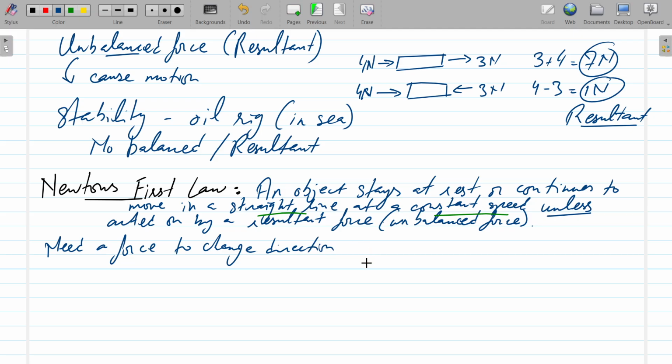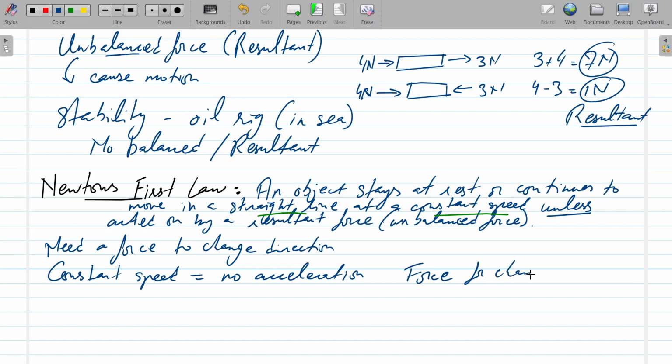And it will keep moving at a constant speed, which means it is not accelerating, means no acceleration. Why? Because you need a force to change the speed. And hence, you need a force to cause acceleration. And that is actually one of Newton's laws of motion, so we'll come to that.